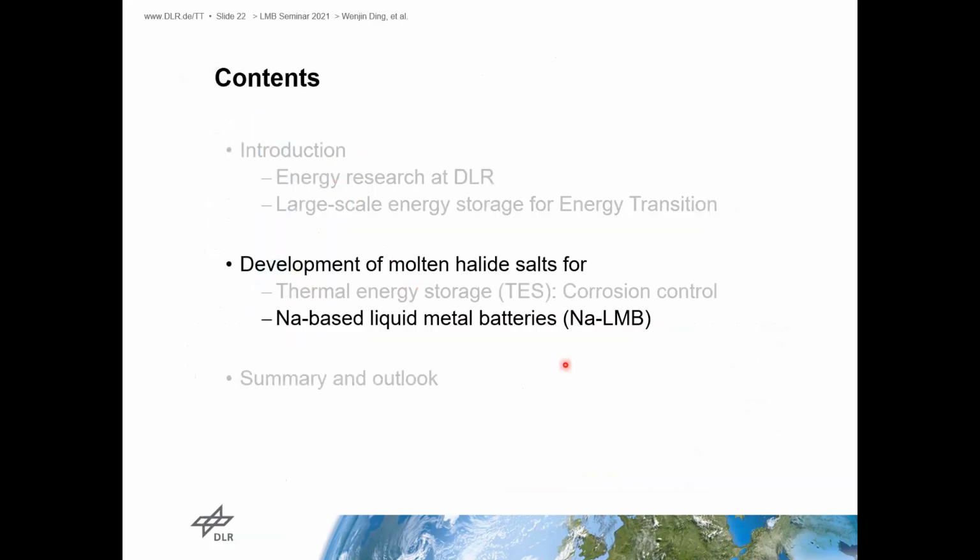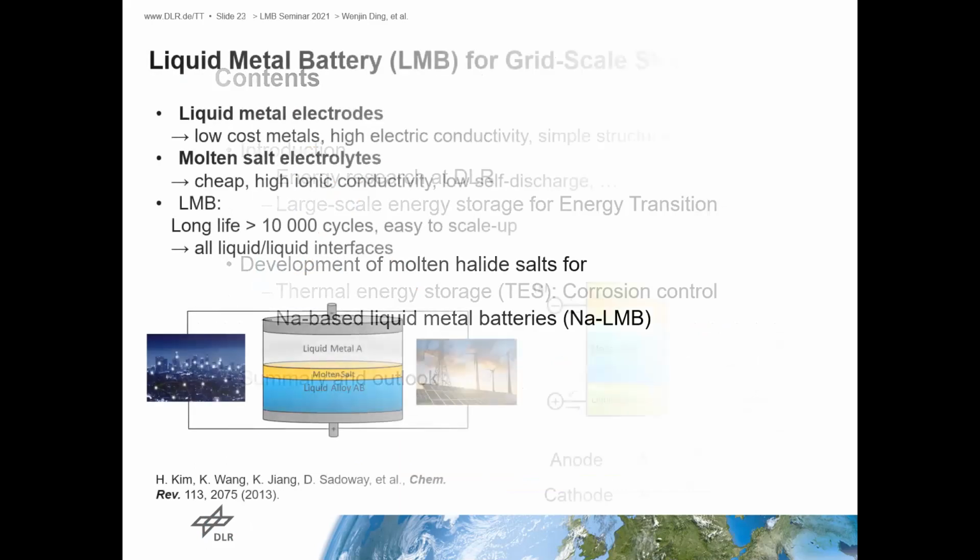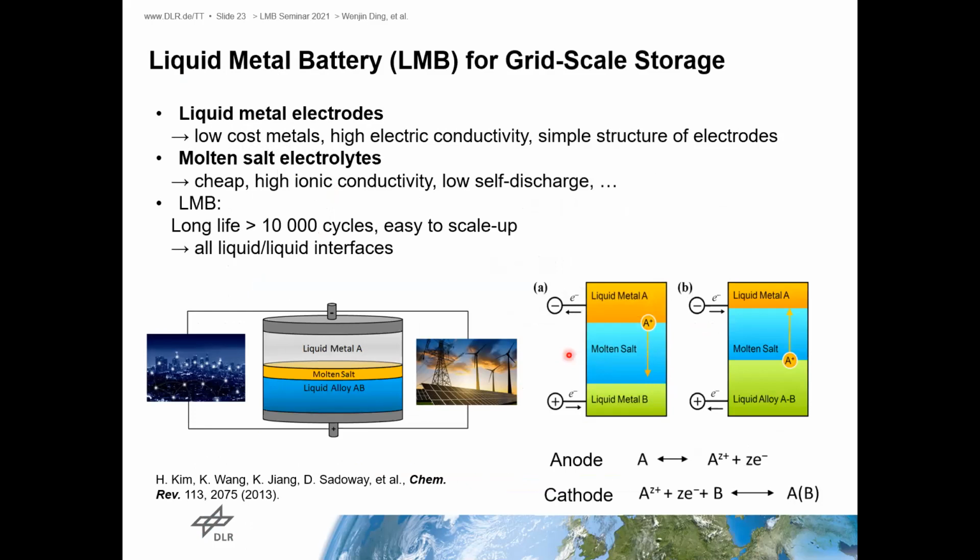So now I go to the sodium-based liquid metal battery, our results. The liquid metal battery is a very promising grid-scale storage because its storage cost is low, if we can use low-cost metals and low-cost molten salt electrolyte.